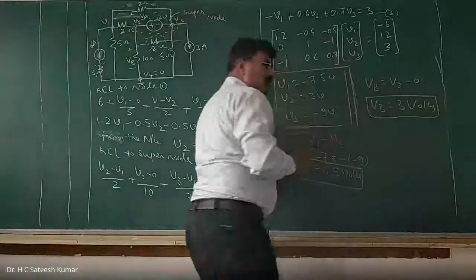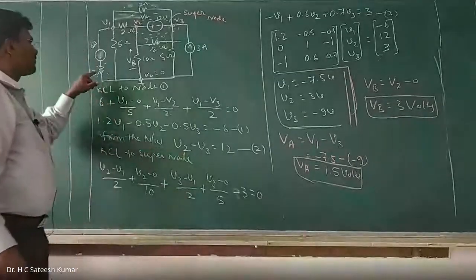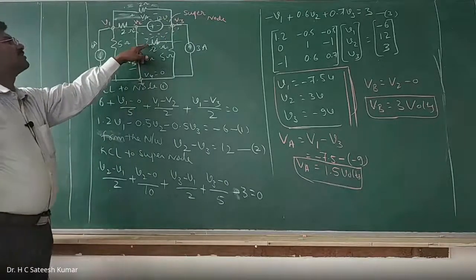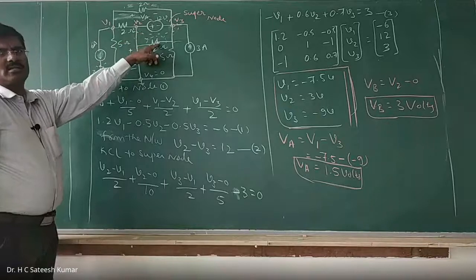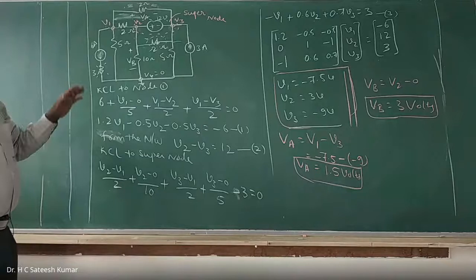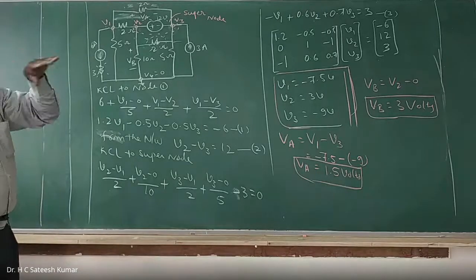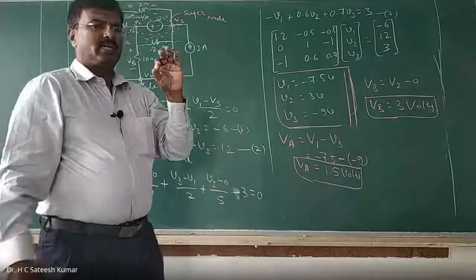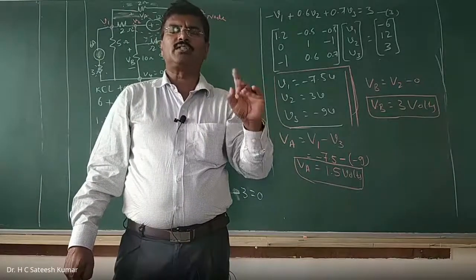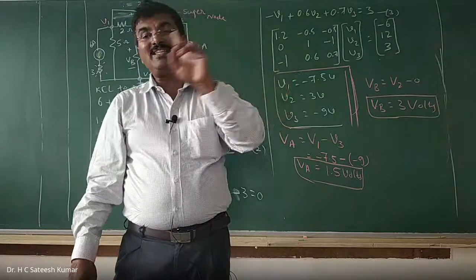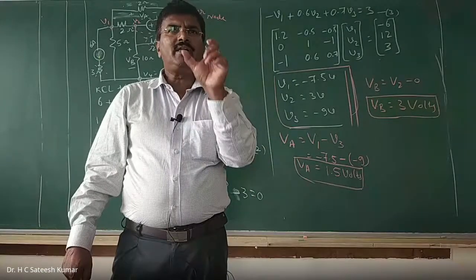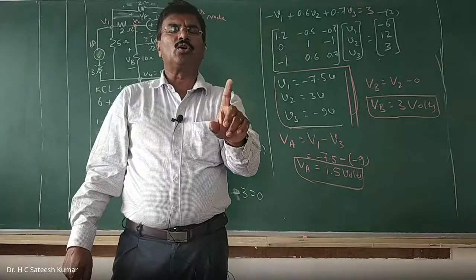So, the key points in this problem: first of all, there is a resistance across the voltage source that is redundant. I'll repeat, observe it. Whenever a voltage source is connected between two principal nodes other than the ground node, then combining them we can make a single node known as a supernode.